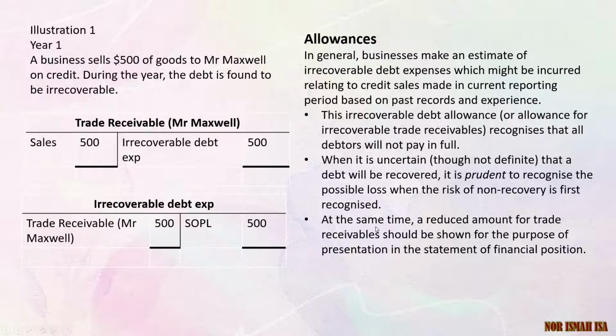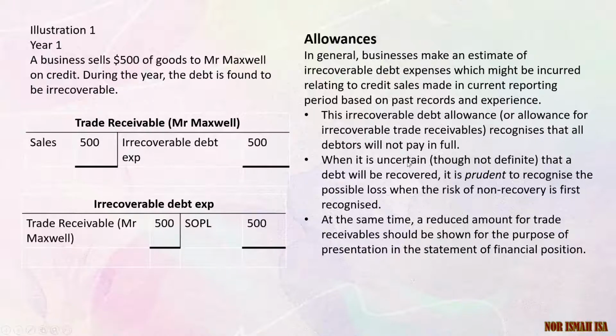Okay, before that, we were talking about the irrecoverable debt written off. This is identified as irrecoverable. But some businesses also do an allowance for receivable.